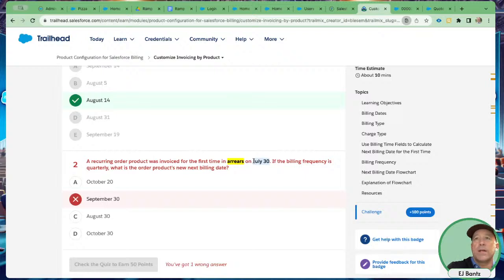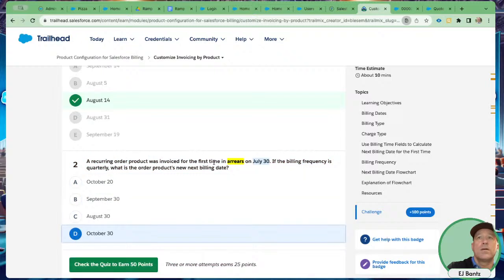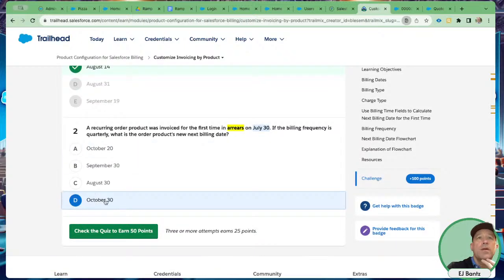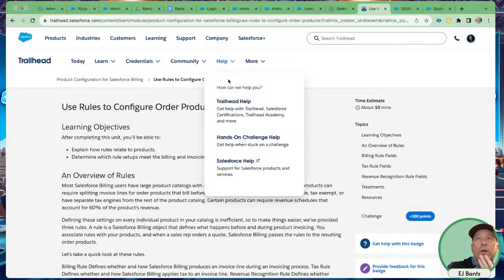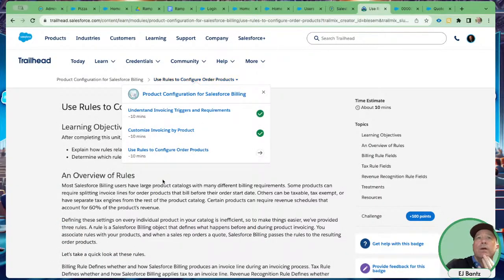So they're paid for 7, 8, and 9. So then they have to pay for the 10th. The 10th month, October. Huh. Okay.